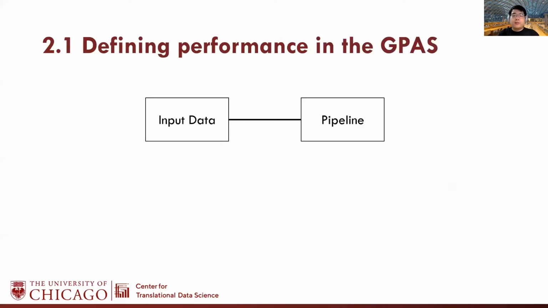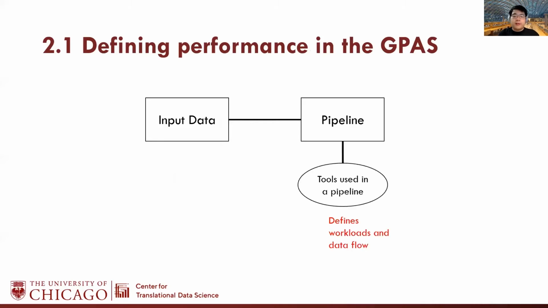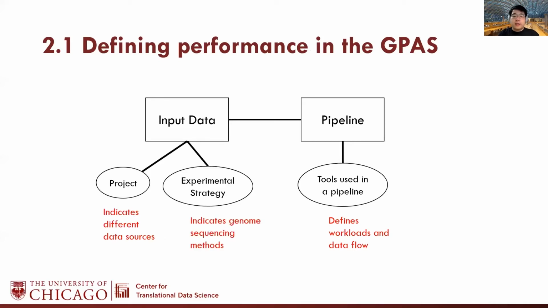Now we define how to measure the job performance. To distinguish one job from another, simply speaking, we need to look at the input data and the pipeline design. To be more specific, pipelines are defined by the tools and the data flow. For the input data, in addition to the actual data content, project, which indicates the data source, and experimental strategy, which indicates the biological organization of the data, largely define how data will be processed in a pipeline job.